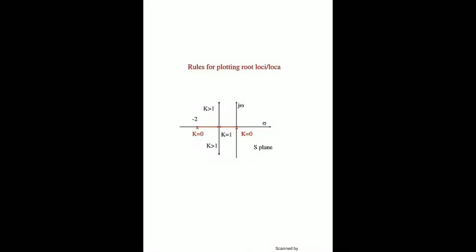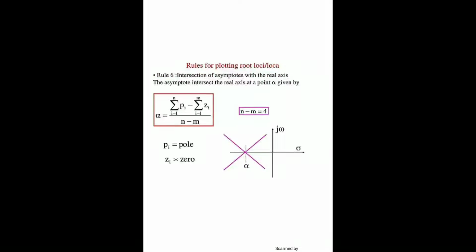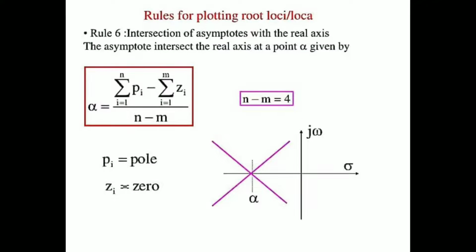Next is the centroid. How do we find the centroid? The centroid, denoted by sigma, is calculated with the formula: summation of the real parts of the poles minus summation of the real parts of the zeros, divided by poles minus zeros. I am using the terms p minus z instead of n and m; it is convenient.